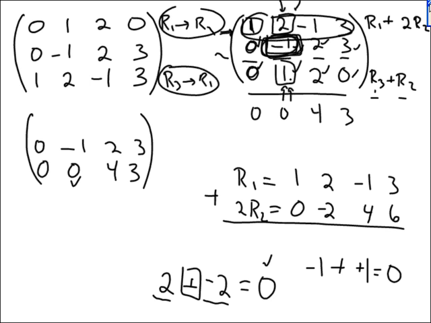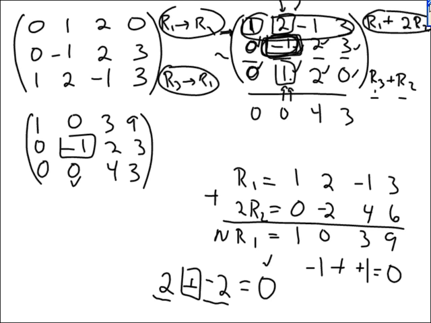And when I add these, I get 1, 0, 3, and 9. Excuse me, new row 1. Like I wrote up in the top right corner, I am putting this result in row 1. So row 1 is 1, 0, 3, 9.